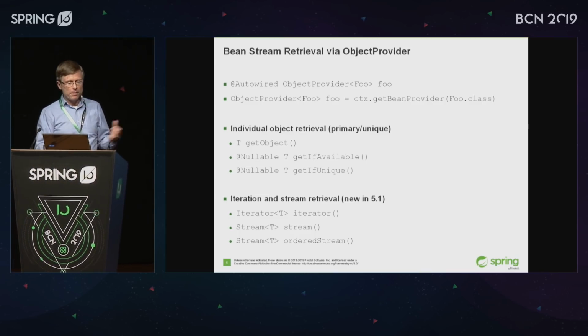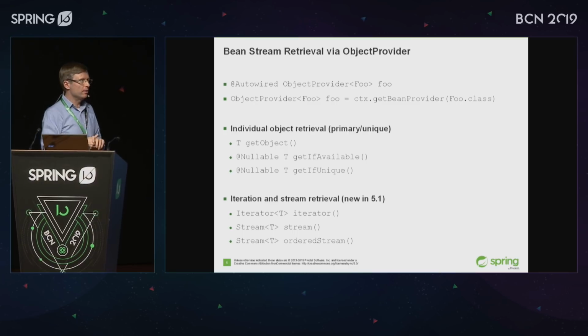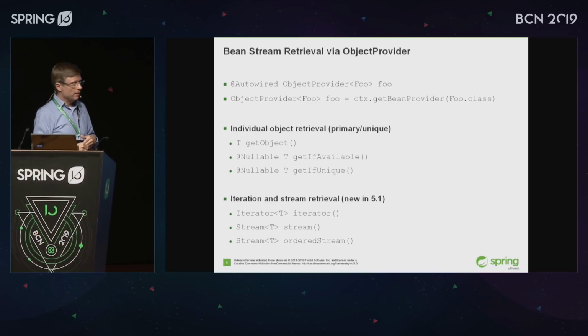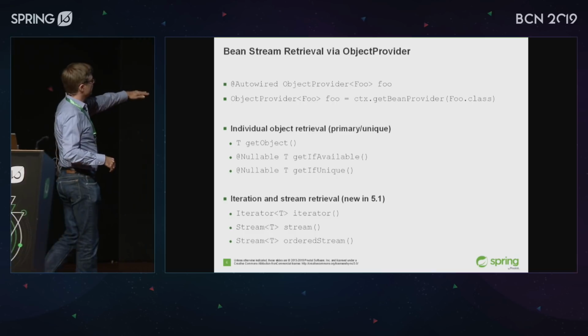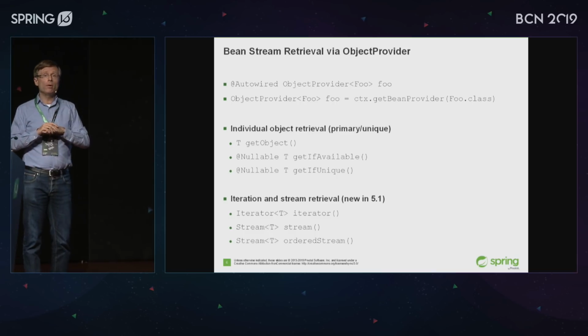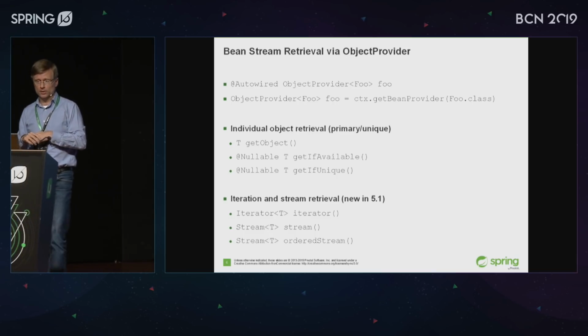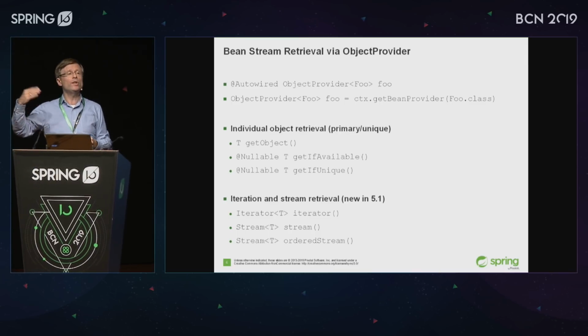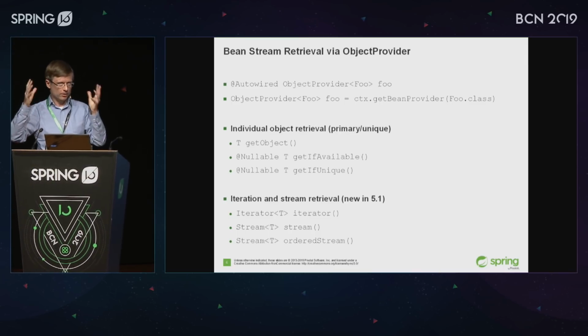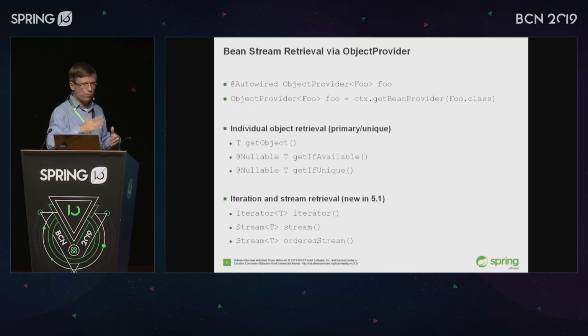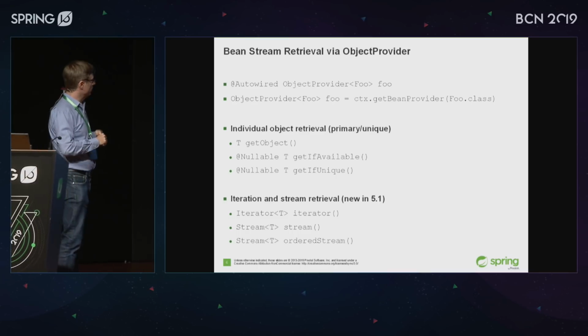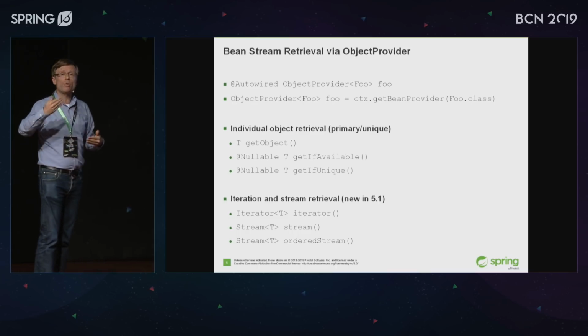And aside from the methods we were just discussing, the availability and uniqueness methods, there's a few further ones in 5.1. In particular for multiple matching objects. So if there may be more than one such bean implementing the Foo interface in your context, then you can iterate over those.